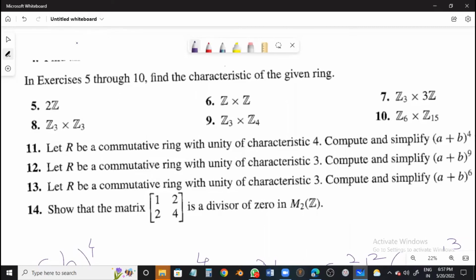Yes, of course it will be 0. Very good. What about Z cross Z? What is that entry if I multiply by it? The answer will be 0. Obvious, 0. What about Z3 cross 3Z?